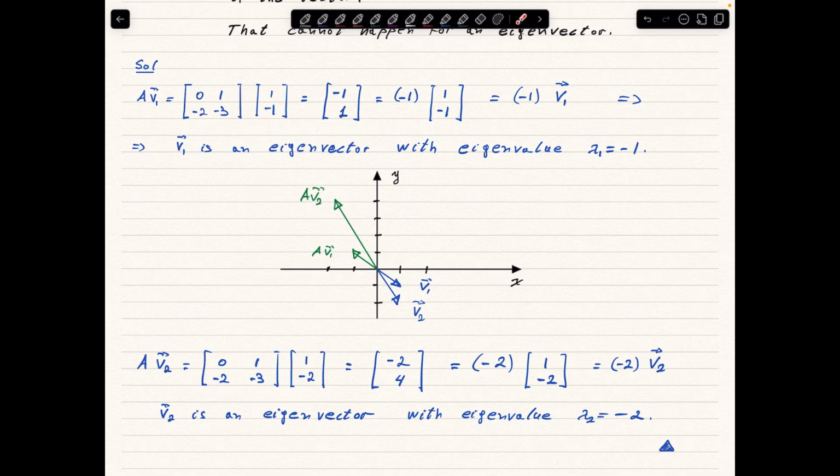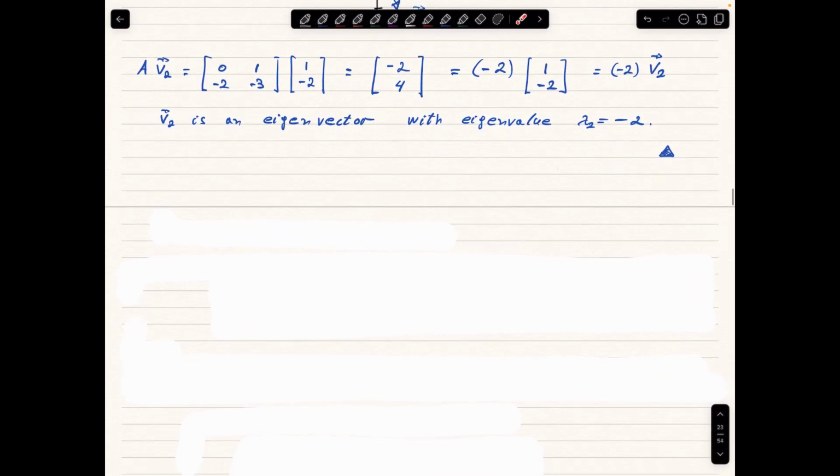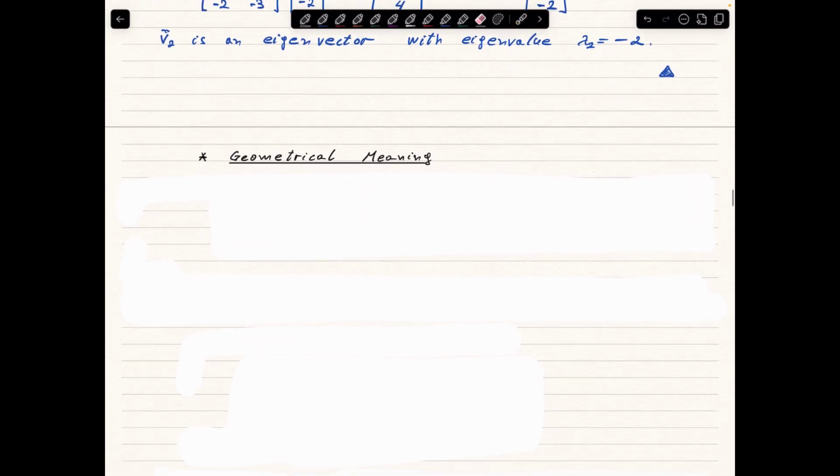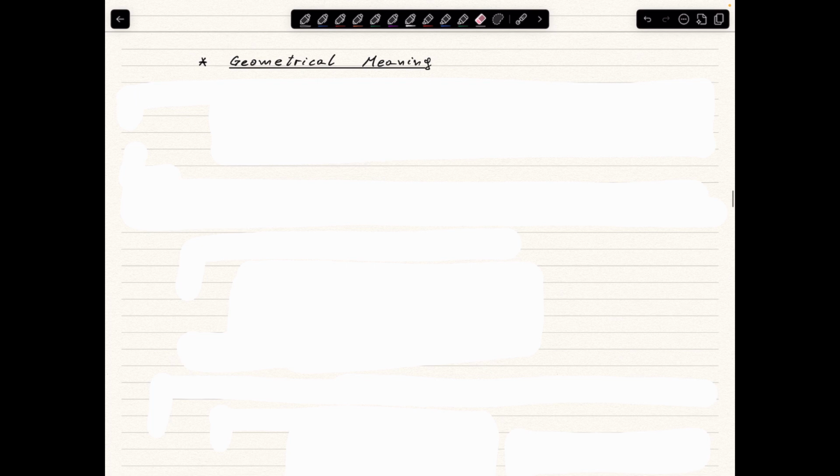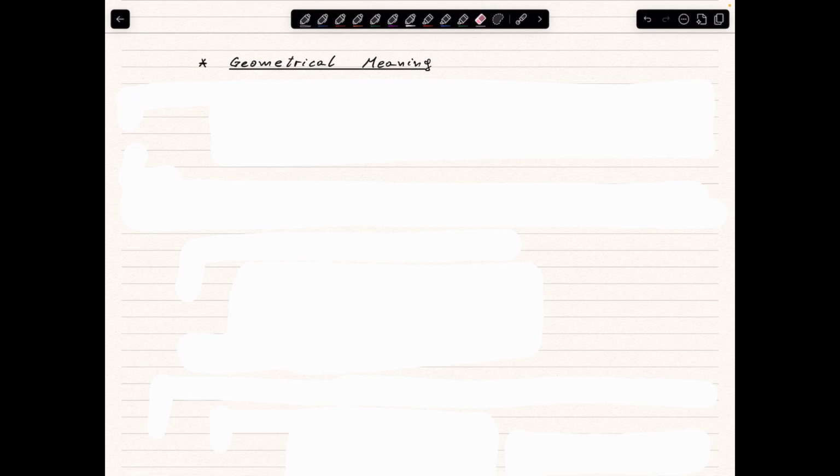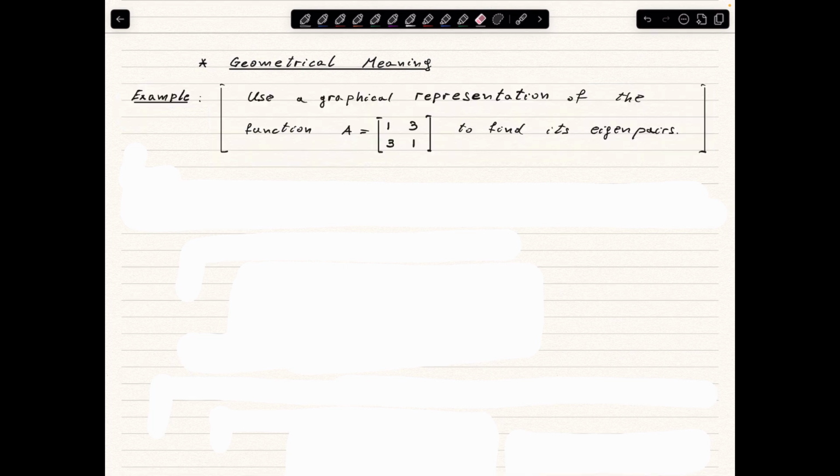Let's go a little bit deeper into the geometrical meaning of the concept of eigenvalues and eigenvectors of a matrix. And to do that, let's use the following example, a graphical representation of this function. The function is given by a matrix, to find its eigenpairs, that means its eigenvalues and eigenvectors.